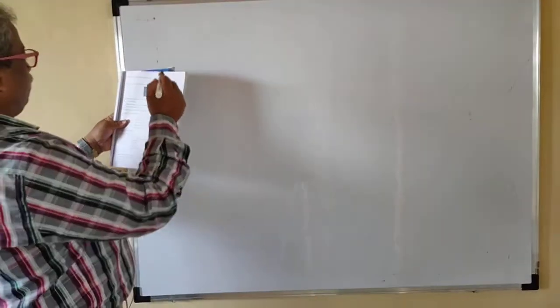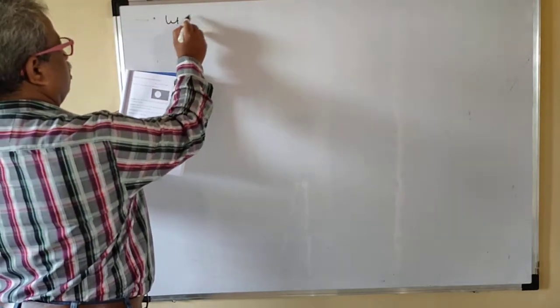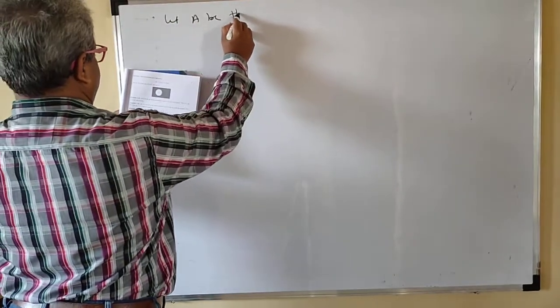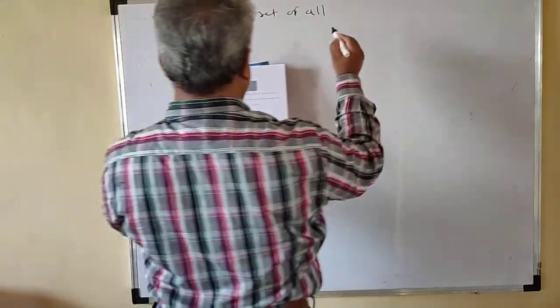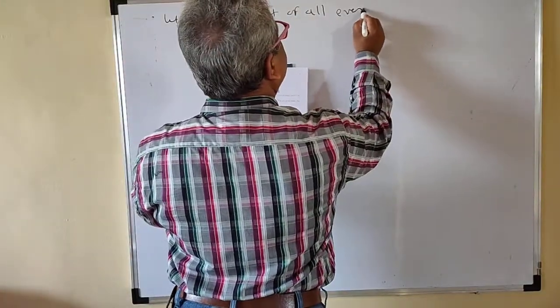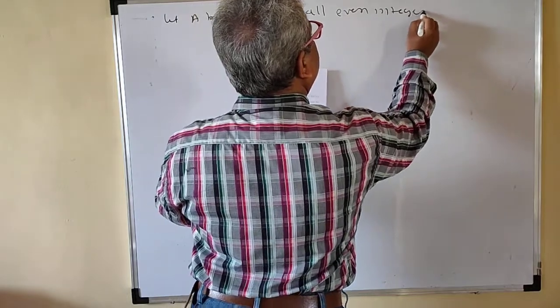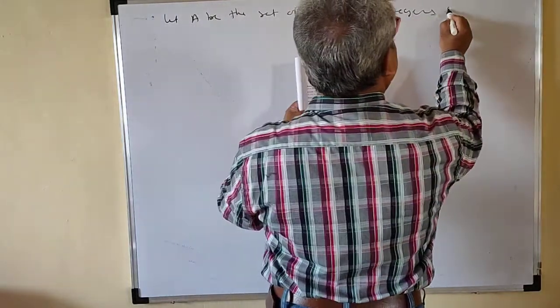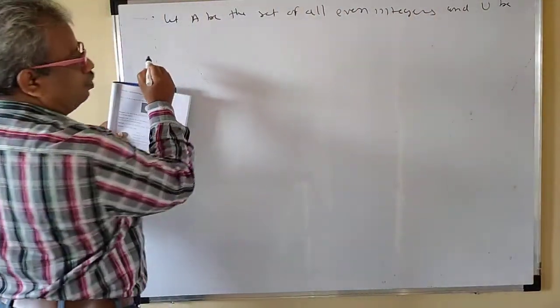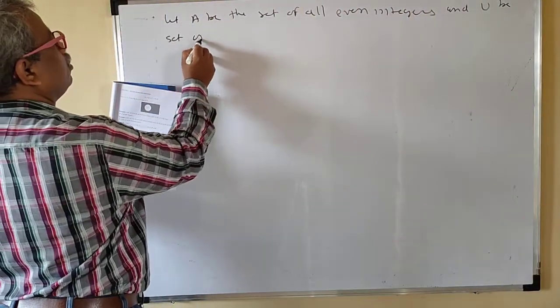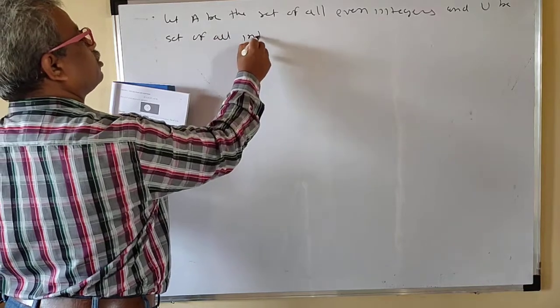We'll take the next example. Let A be the set of all even integers and U be the set of all integers.